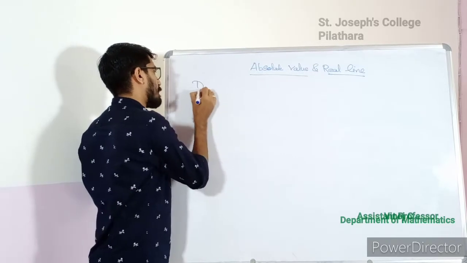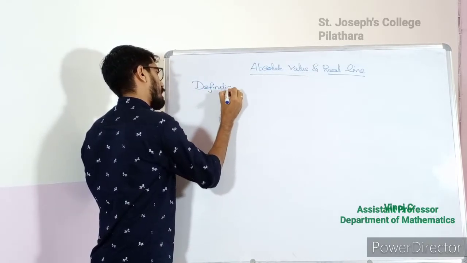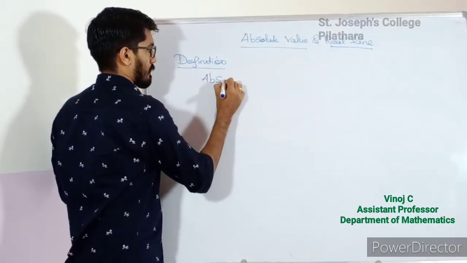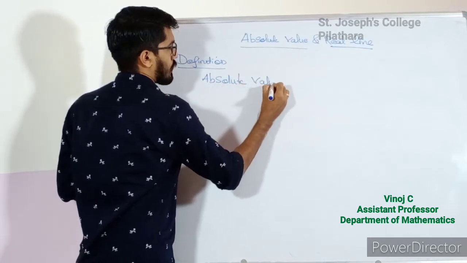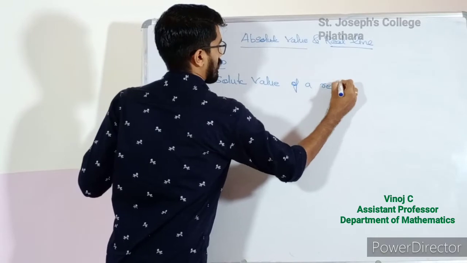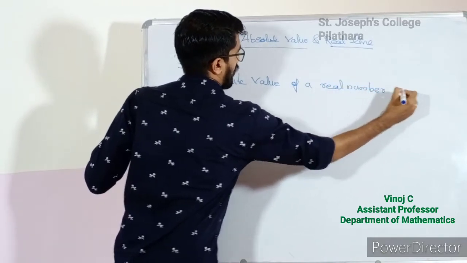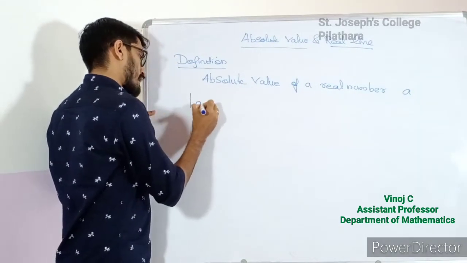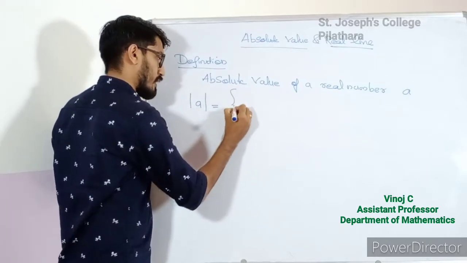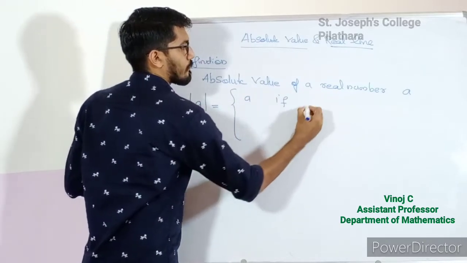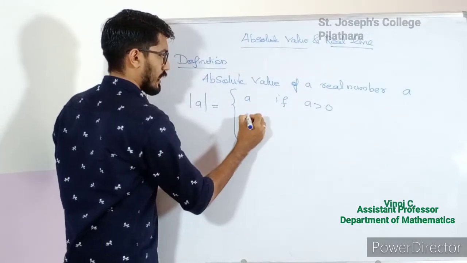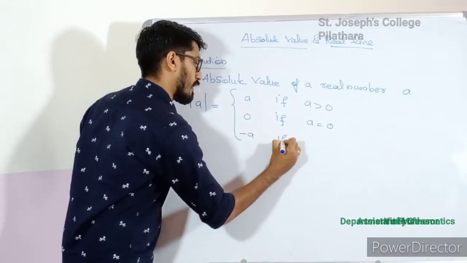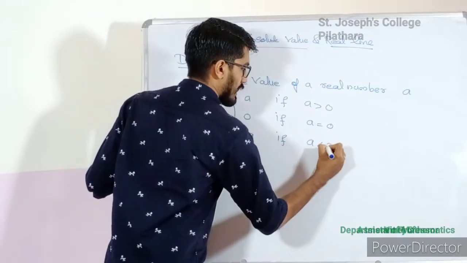First definition: the absolute value of a real number A is defined as A if A greater than 0, 0 if A equal to 0, minus A if A less than 0.